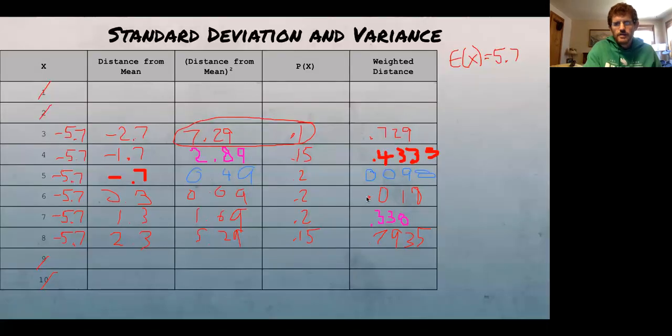Okay, so assuming that all these numbers are correct and we didn't make a mistake anywhere, this is the weighted distance. I'm just going to make sure we know that's the decimal point right there. And so we can just add these up, and what we're going to get is the total right here. I'll talk about what that total is, but we can add that up. 0.729 plus 0.4335 plus 0.098 plus 0.018.